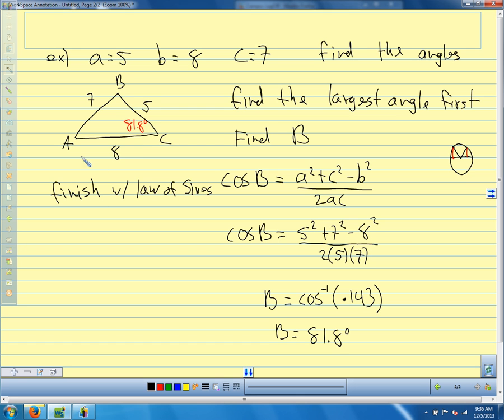So what I would do to set it up is say I want to find angle A. I would say sine A over 5 equals the sine of 81.8 degrees over 7. Find angle A using that, and then the third angle, we know our 3 angles have to add up to 180, so we can find our third angle by subtracting from 180.